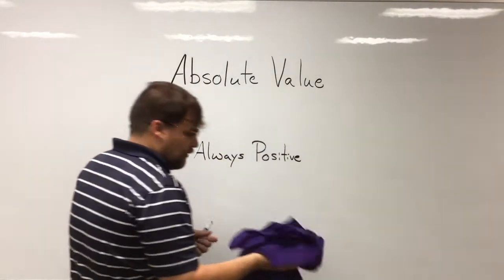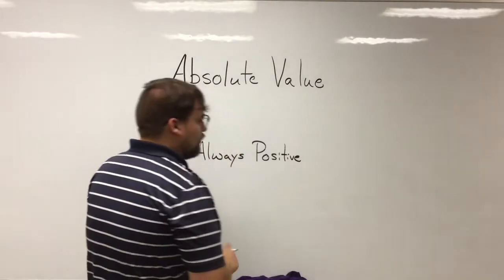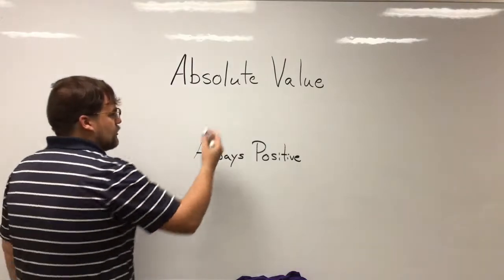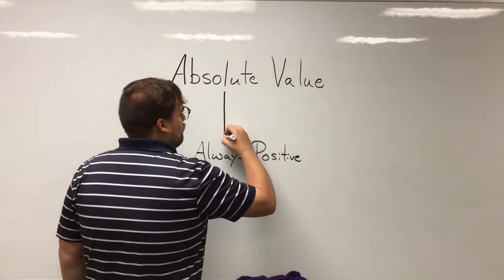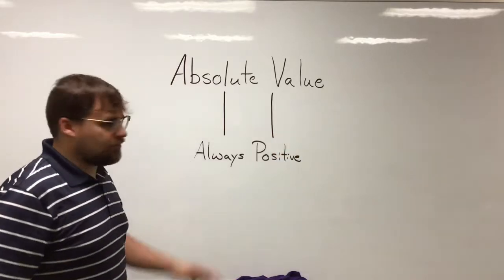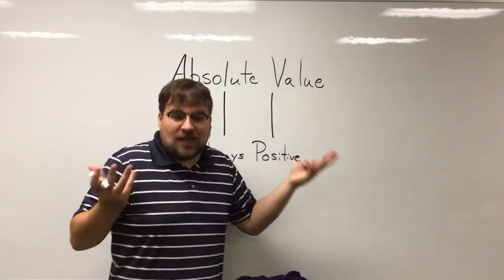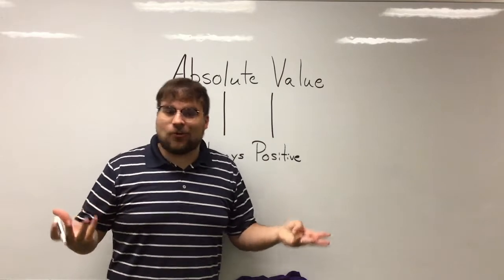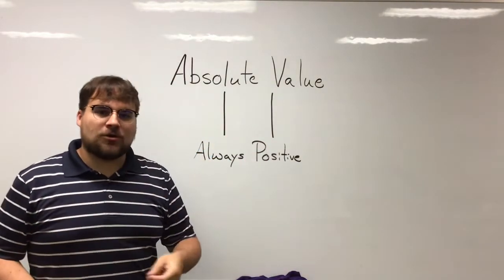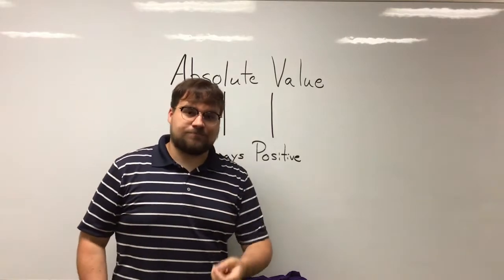Well, you may already know this, but in case you don't, absolute value is expressed in an equation by what we call absolute value bars. These big, long bars or lines, we don't have any better word for them really, that go on either side of a number or an expression.